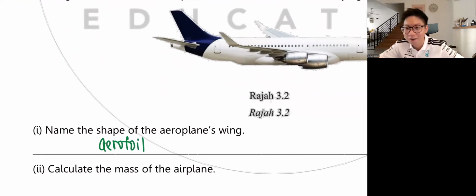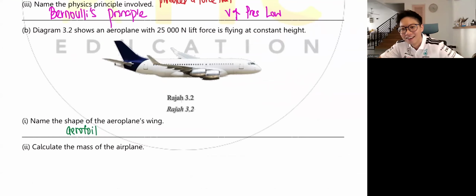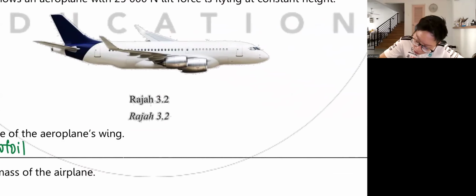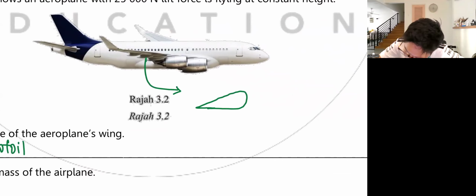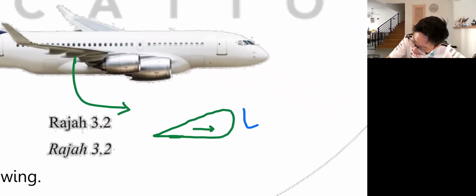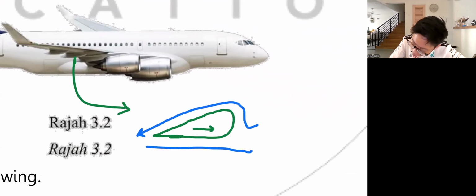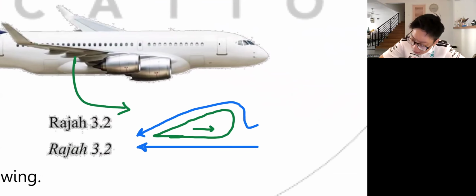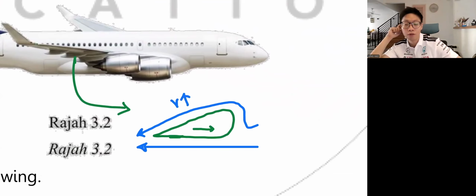The answer is aerofoil shape. Why an aeroplane can fly is because the shape of the wing is like this, aerofoil shape. When the aeroplane moves forward, the air goes above and below it. When the air goes on top, this part has higher velocity. How do you know? Because it goes further.